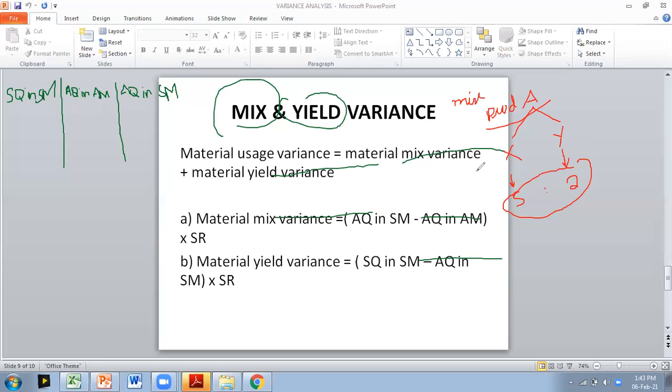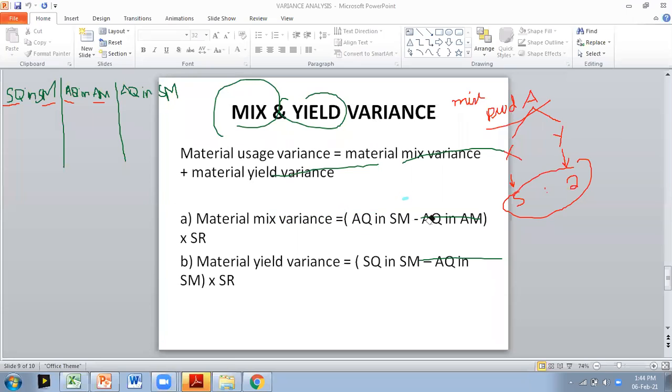Now when you are actually making your products, when they are in process, this mix can vary, right? So the mix in actual would be different, and what would be standard will be different, right? So this is what we call mixes, right? And standard quantity you already know, and actual quantity is the same. Standard mix and actual mix I have explained to you, right?